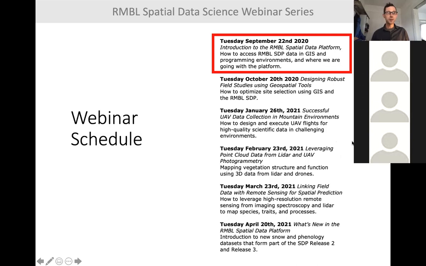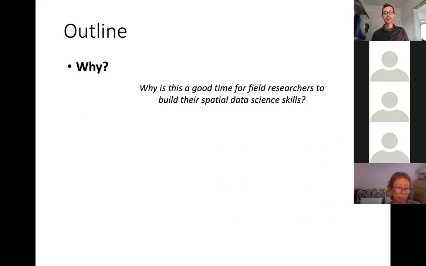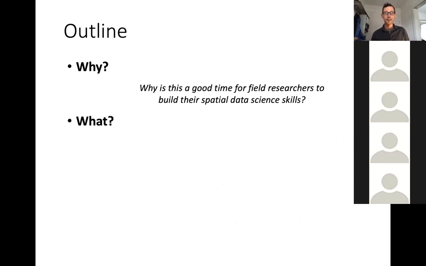So without further ado, I will get to the outline of my talk. It's essentially going to ask a couple of different questions. The first one is why? Why is this a good time for field researchers to build their spatial data science skills? And there are a couple of different reasons for that I'm going to go into. Next there's what.